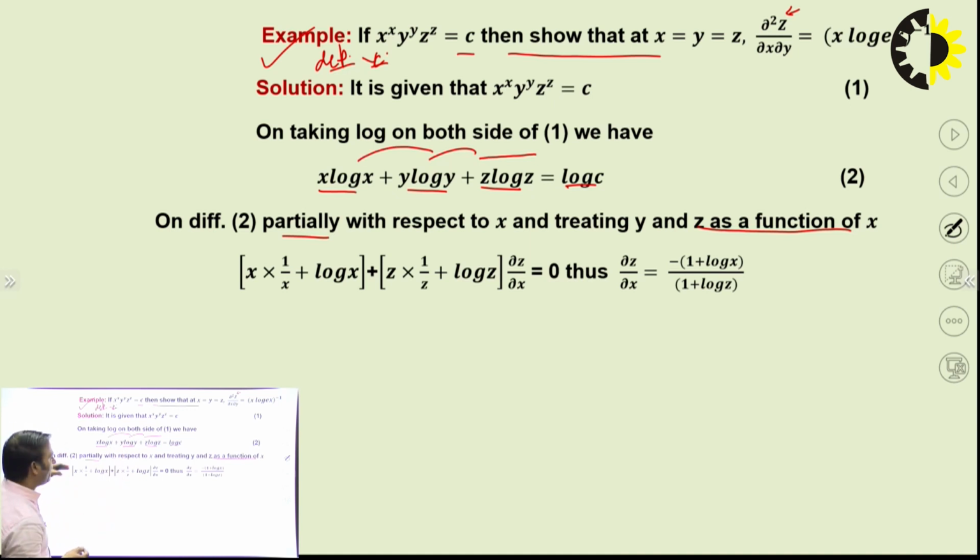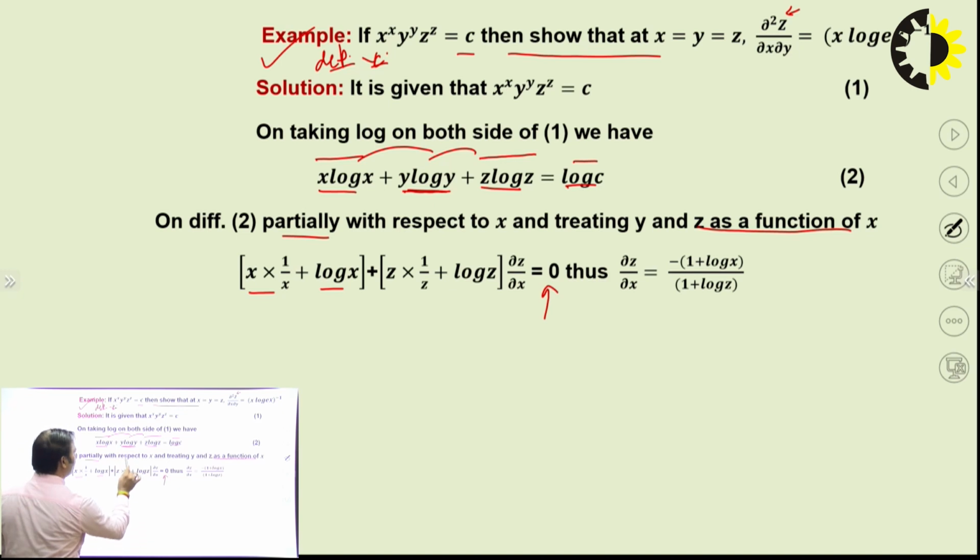So I have opened up the differentiation of both sides with respect to x first. The differentiation of log c converts into 0. Now when I'm looking at x log x, it's a product term. We have to take the differentiation by product rule. Then student, you can see this entire y log y is not having x, so this is a constant term.